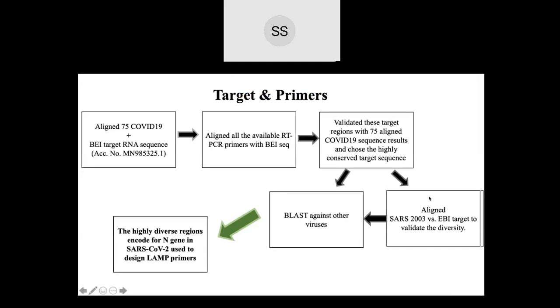Then that conserved sequence was further blasted against the SARS which occurred in 2003, in order to validate that the target is exclusively for the current COVID-19. Once it was validated that the conserved sequence is conserved with SARS-CoV-2, it was further blasted against the other viruses. And then the primers were designed. Once the primers were designed, they were further blasted against the other viruses, ensuring that these primers are highly specific to SARS-CoV-2, not to any other viruses.